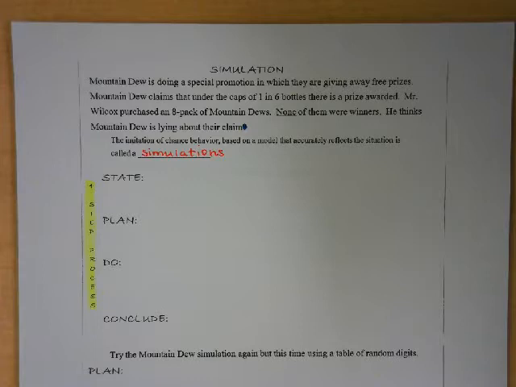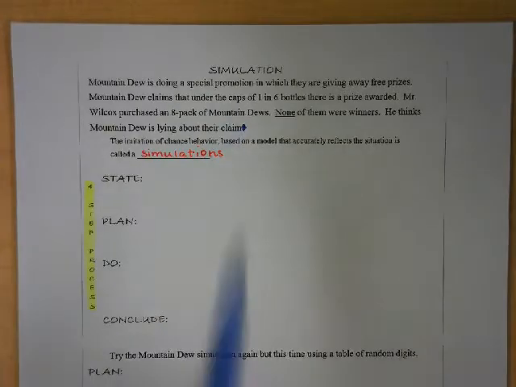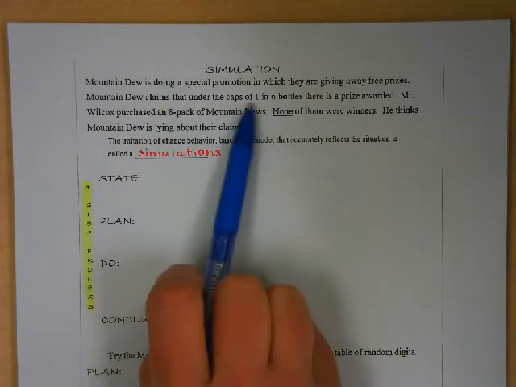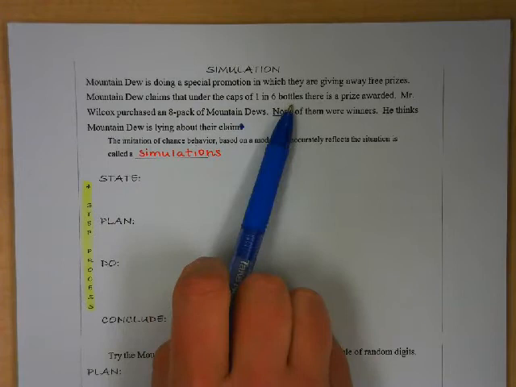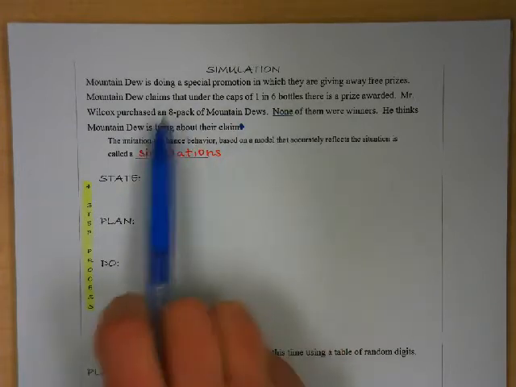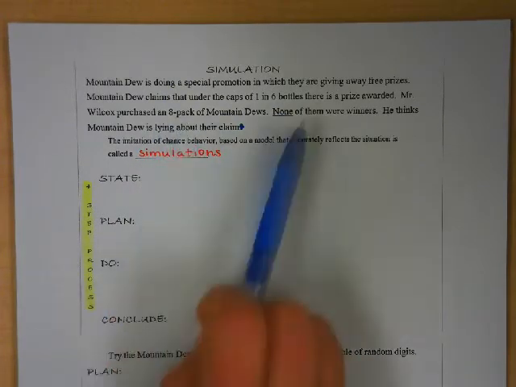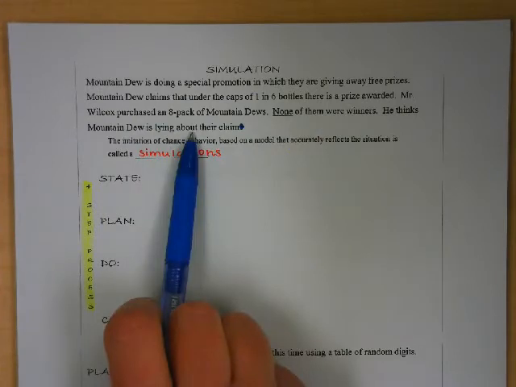So, we're going to start by stating. We know that Mountain Dew says that 1 in 6 bottles are winners. Mr. Wilcox bought an 8-pack, and none of them are winners, so he thinks that they're lying.